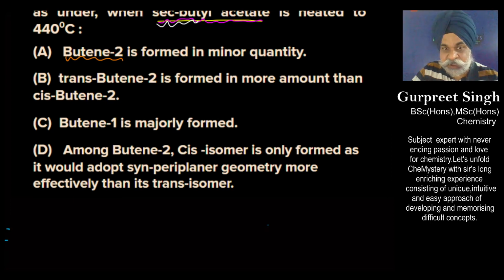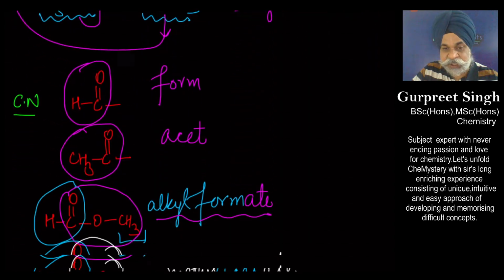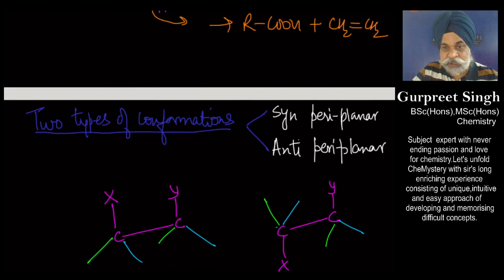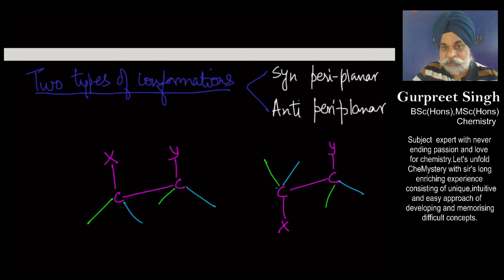And there is also a terminology written here, syn periplanar. So we have to understand the stereochemical part attached with this particular discussion. For the stereochemical part, we need to understand there are two types of conformations available. This is beautifully shown here that this carbon-carbon single bond can rotate.